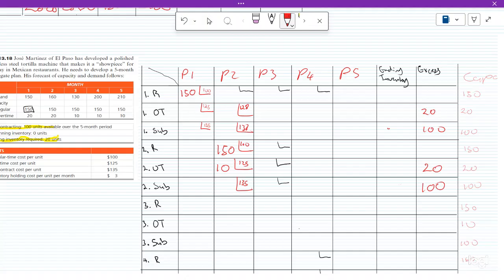All right. Then we move right along. We are starting to realize that the subcontract, we might not really need it much. What we are most likely to need is the overtime.